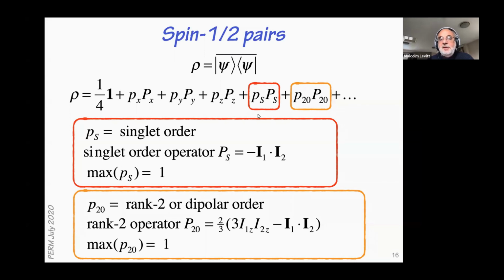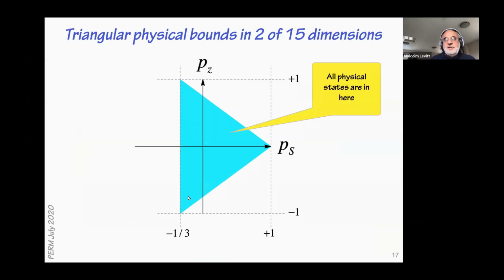So we might well think that the bounds of these 5 operators would also be spherical, maybe in a 5-dimensional space, but still spherical. But that's not true. So in fact, the bounds are triangular in 2 of the 15 dimensions.